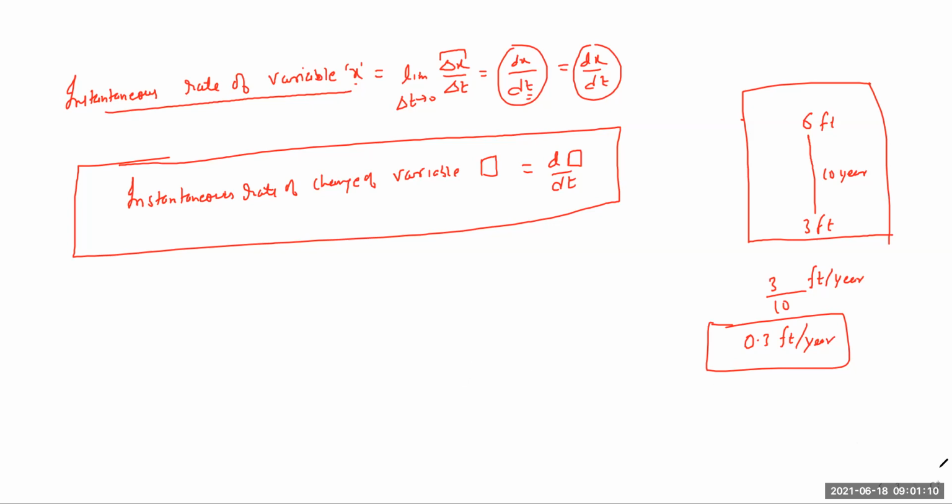Okay. So let's see something in physics which you can express in terms of a rate. We have something called velocity. Let's say you're moving along a line, and this is the x-axis. At some time t, you are at x, and then at some time t plus delta t, you are at x plus delta x.